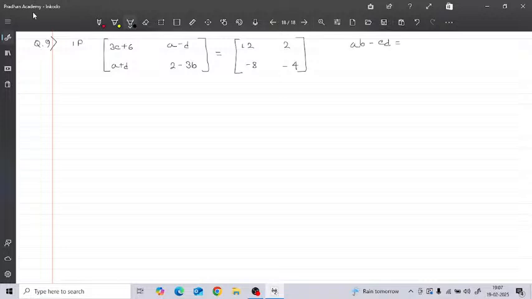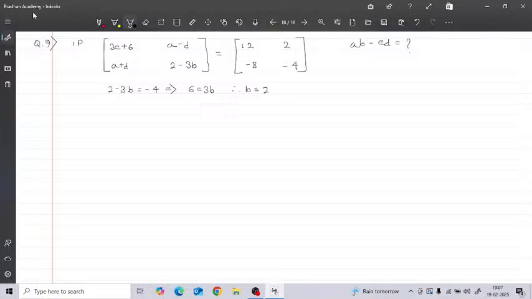So simply we have to determine A, B, C, D first, then we will get this value. As if two matrices are equal, their corresponding elements are also equal. So 2 minus 3b is equal to minus 4. From this we get 6 equals 3b, so b is equal to 2.